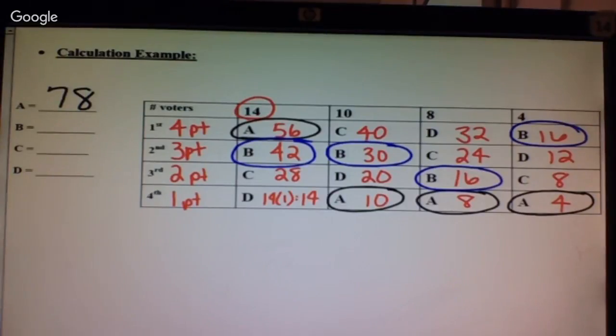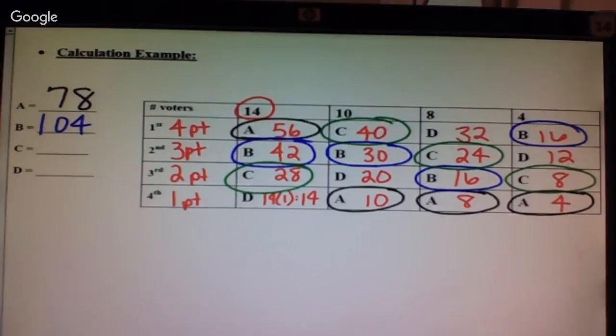Higher than that. What are we counting? The blue? Yes, all the blue. 104. Okay, then you're going to do your C values. 28, 40, 24, and 8.